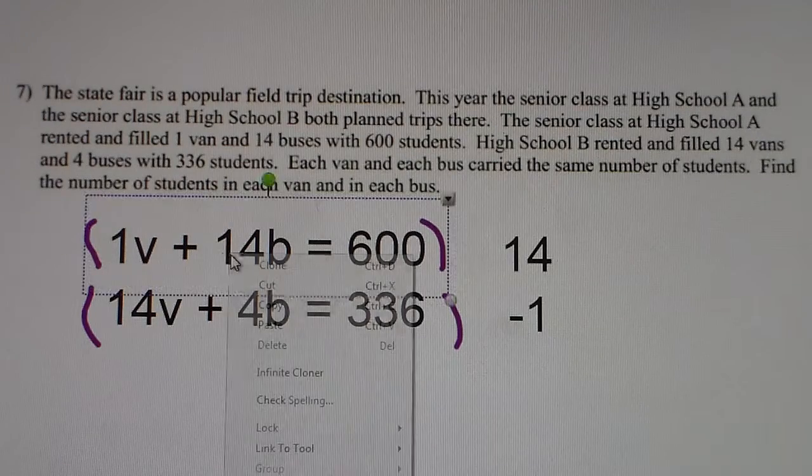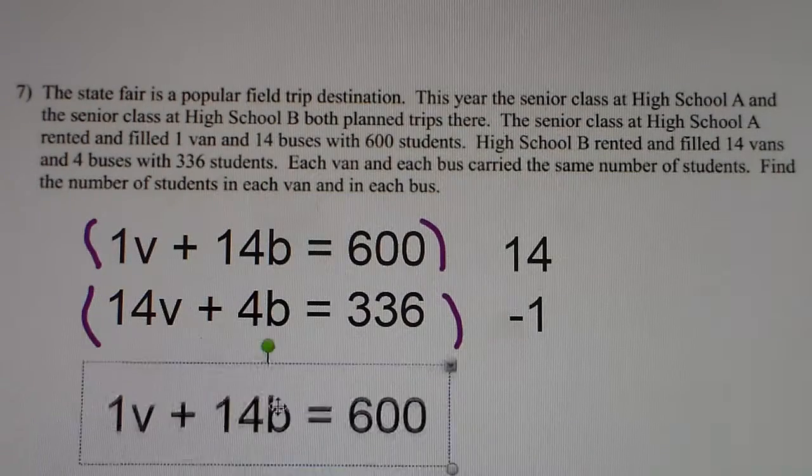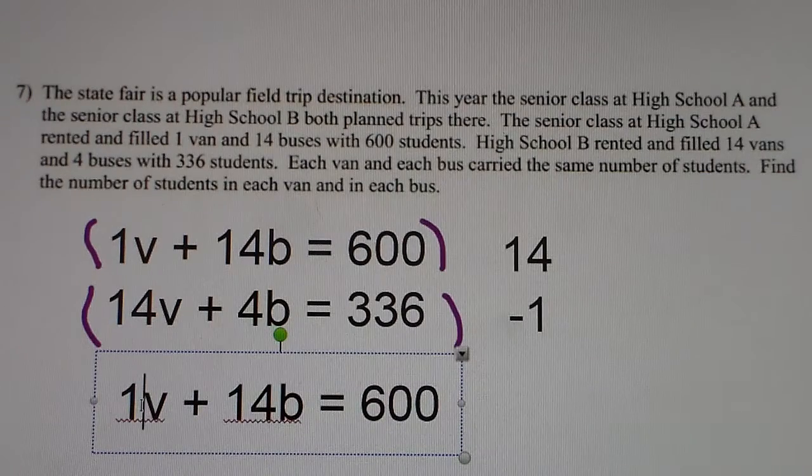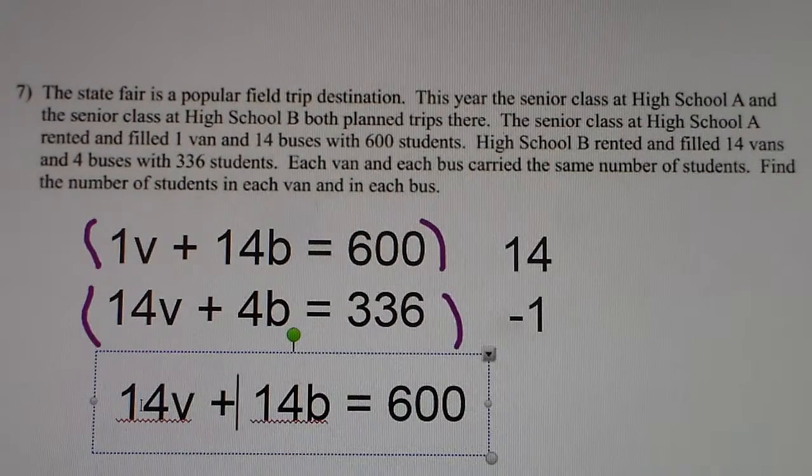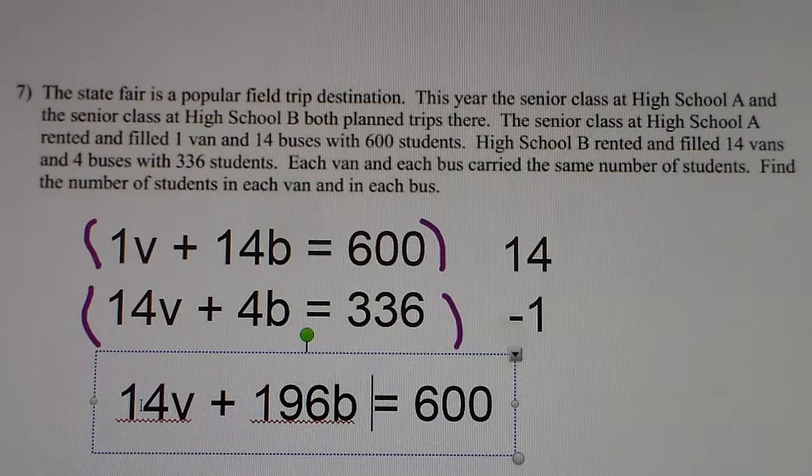So 14 times 1 is 14v. 14 times 14 is 196b, and 600 times 14, that's going to be 6,000 plus 2,400, so 8,400.